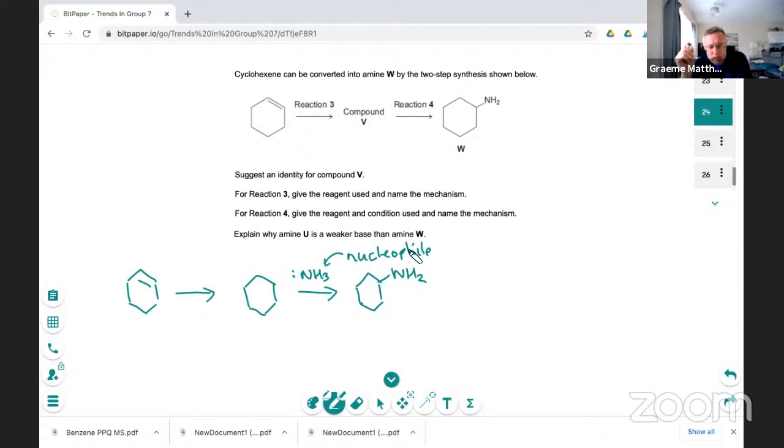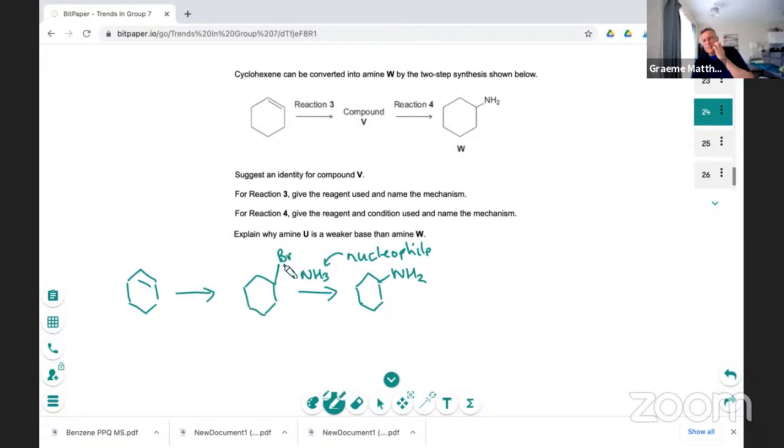Hold on, alkyl halides in year 12. Nucleophile NH3, could that attack a carbon with a halogen on it, like an alkyl halide? Yes. So could I somehow stick a bromine on it?